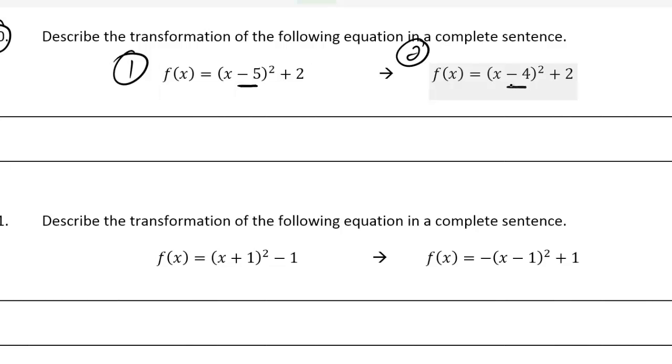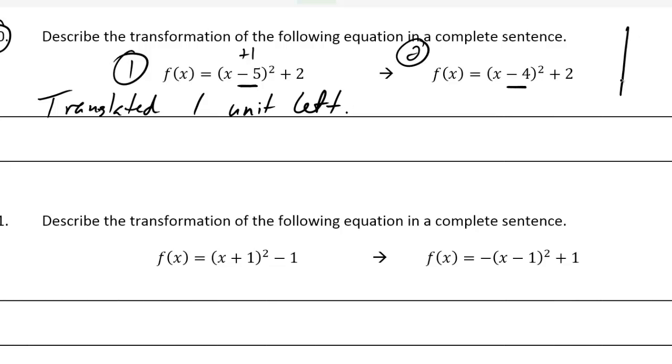What's the difference? So negative 5 plus what equals negative 4? That's going to be a plus 1. So plus 1 on the inside, what does that mean? A plus 1 on the inside, you should hopefully know, means left. So we're going to say translated 1 unit left.